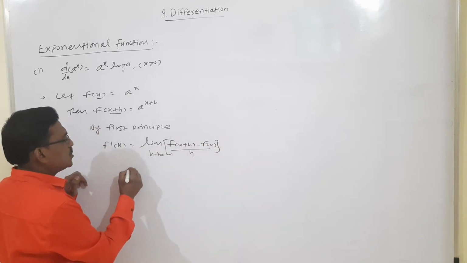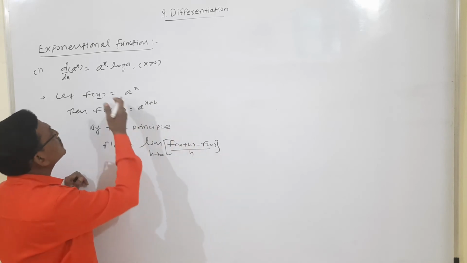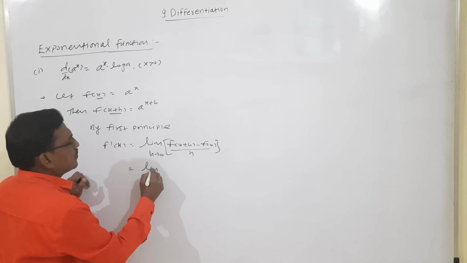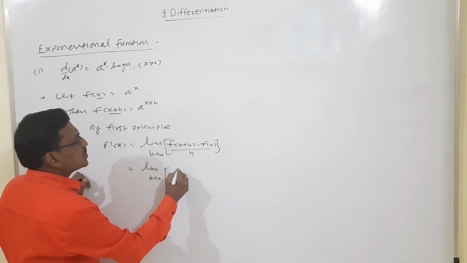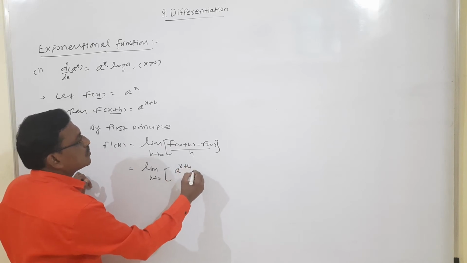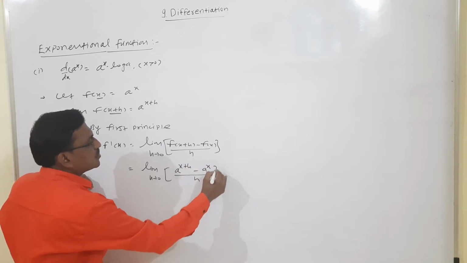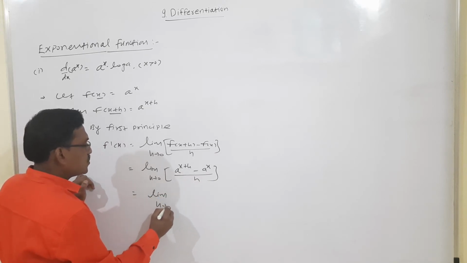We put the value of the function f of x plus h and f x. f of x plus h is nothing but a raised to x plus h, minus f x, which is a raised to x, divided by h, and therefore limit as h tends to 0.